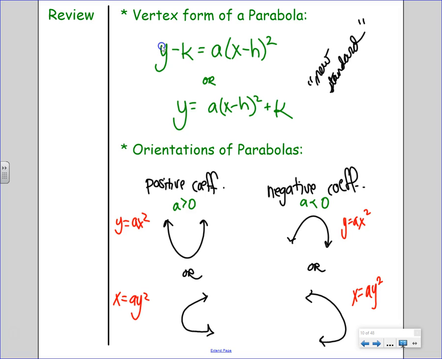Each of these little baby parabolas is going to have a focus point that's inside the concavity and a directrix that's outside. But here's the dealio. To get to the focus from the vertex, you're going to have to go a new variable p. We have an a, but the a is going to somehow become a p, and we're going to have to do some work to get there.